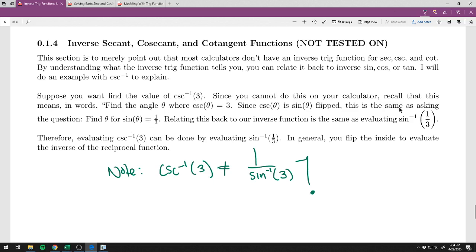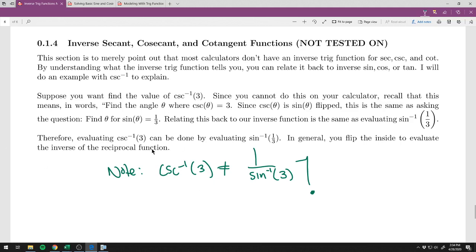And if we take that back and relate it to our inverse, if we did sine inverse of each side, theta equals sine inverse of 1/3. So therefore, to evaluate cosecant inverse of 3, you really evaluate sine inverse of 1/3. In general, you flip the inside to evaluate the inverse of the reciprocal function.